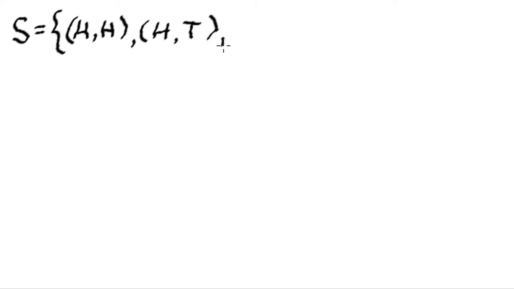We can then get a tail first in the first toss. That's TH. And then lastly, we can get all tails. That is TT.